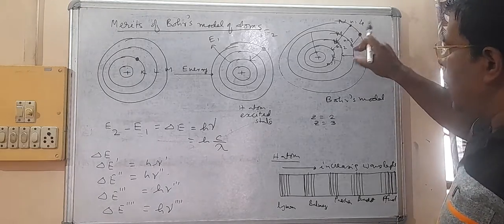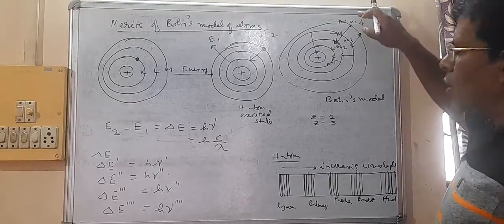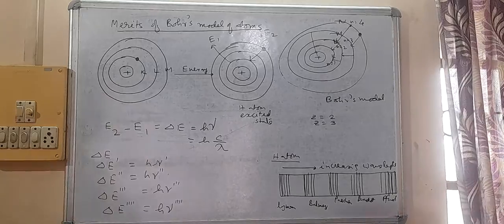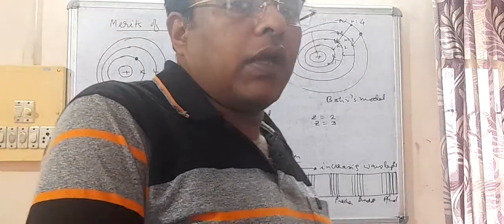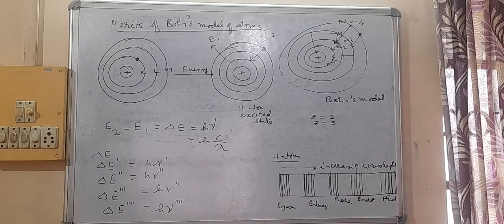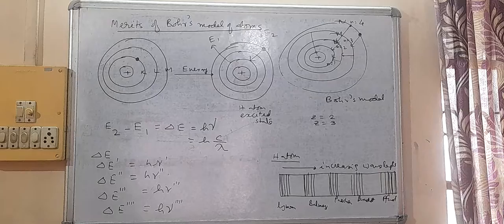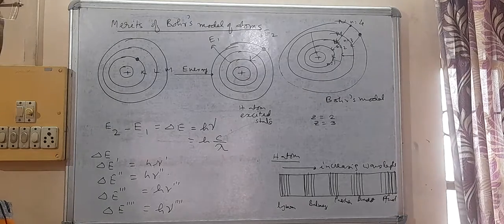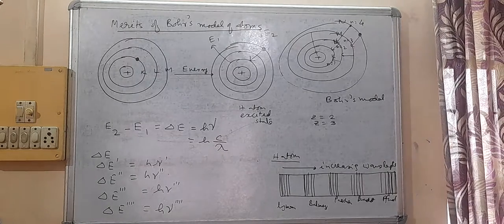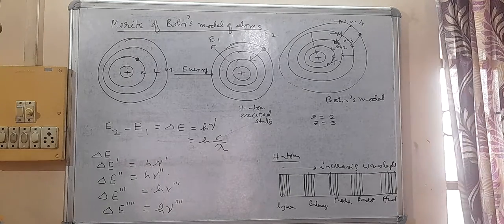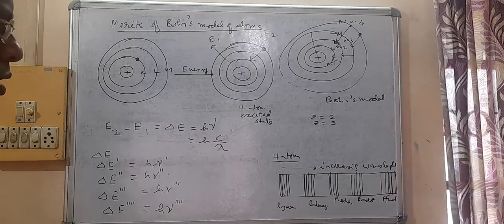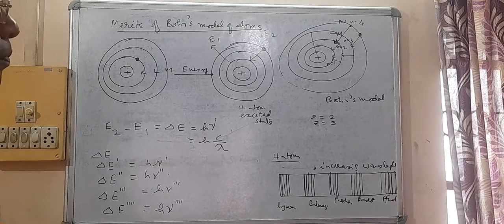So in this way, I think you are trying to understand that when an electron gets excited to a higher quantum level, it can come back in different ways, and each way will correspond to a line in the hydrogen spectrum, or in case of any element. So it is in this way that Bohr's model of atom could explain the hydrogen spectrum.